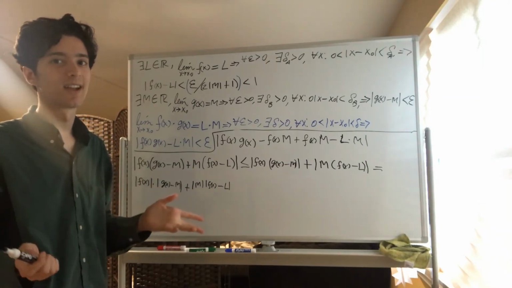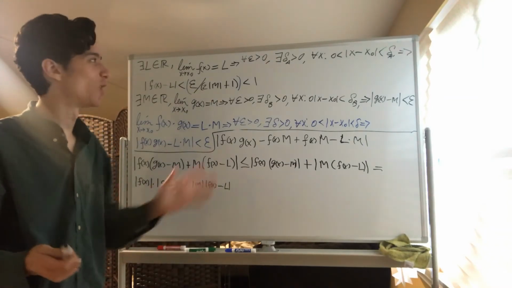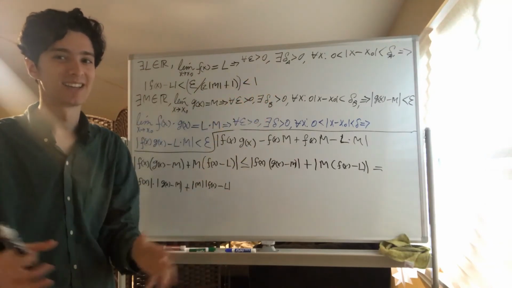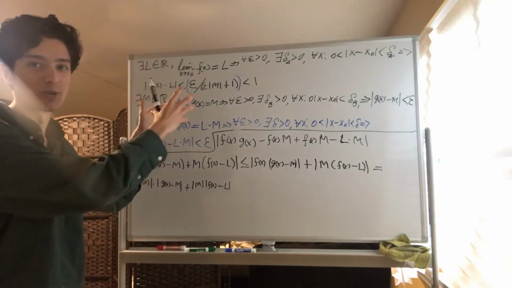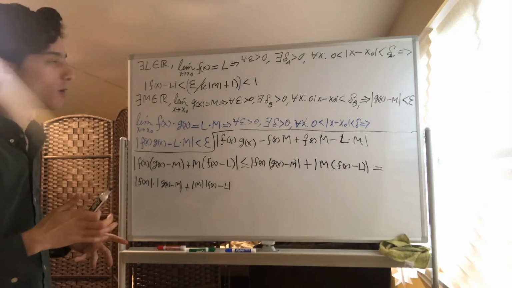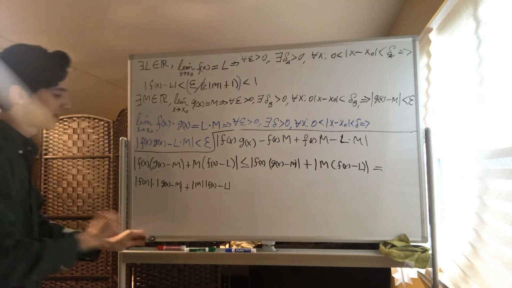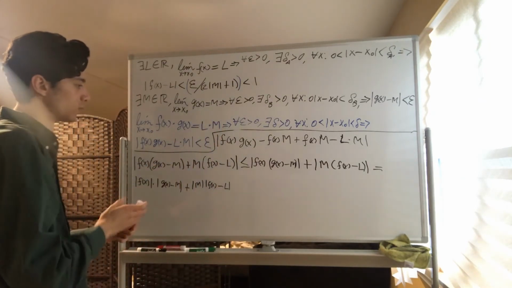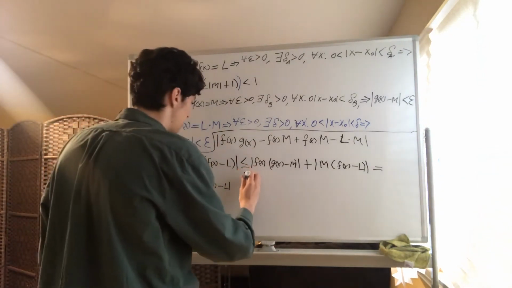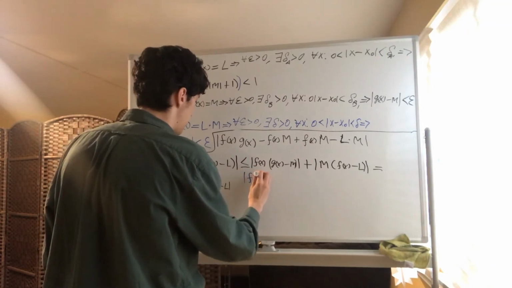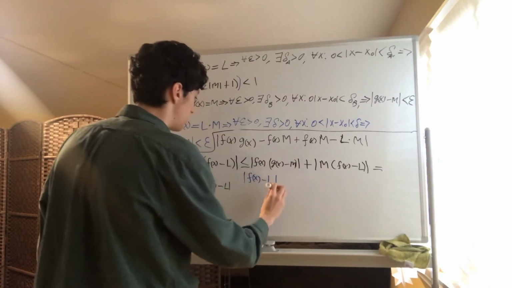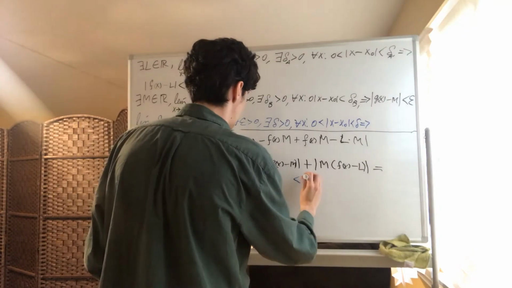And it's necessary because for it to be less than all the real numbers, it must be less than all the real numbers between 0 and 1. So there we go. Now we have this statement that the distance between f of x and L is less than 1. And we can write that here, that f of x minus L is less than 1.